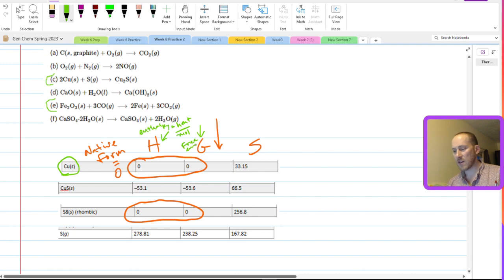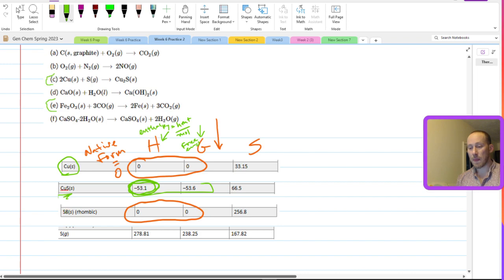It doesn't cost anything to make copper just be itself, but it does cost something to make copper bind with sulfur. Although actually, I retract that. It doesn't cost anything. It loves it. So I picked a bad example there.